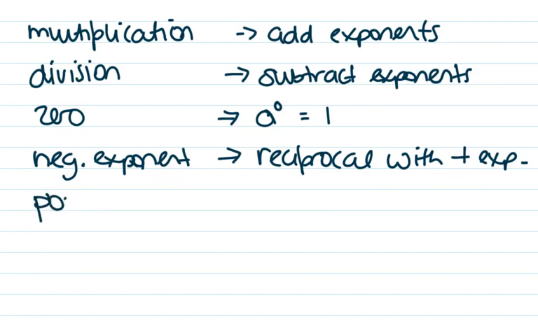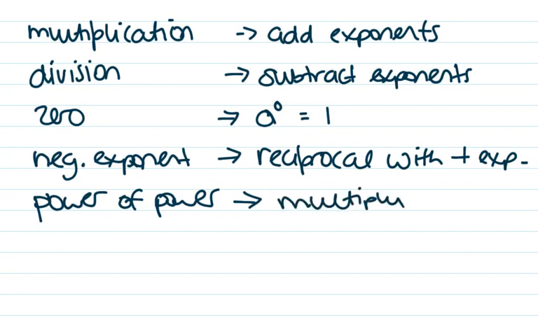The power of a power rule. The first example there where I have a to the power of m all to the power of n, I multiply the exponents. The second example, I am applying the outside exponent to each term inside the bracket.